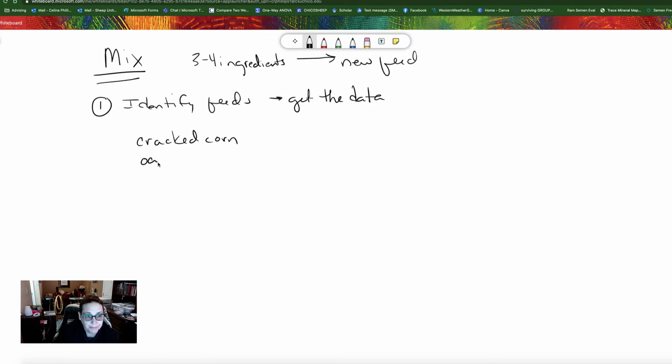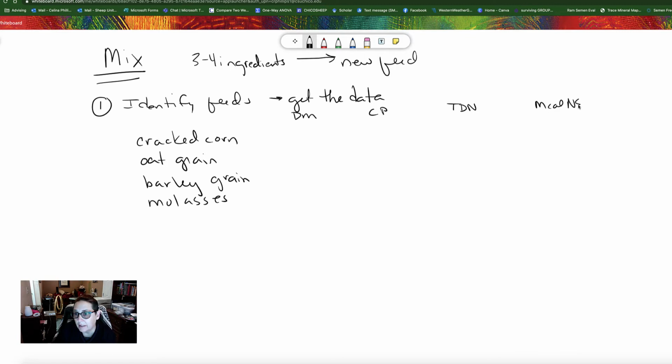oat grain, barley grain. So we're making a basic cob mix: corn, oats, barley, and some molasses. I went through and looked up the dry matter, the crude protein, the TDN, total digestible nutrients, and the Mcals of net energy for gain, because when I'm building rations, these are the big common ones.